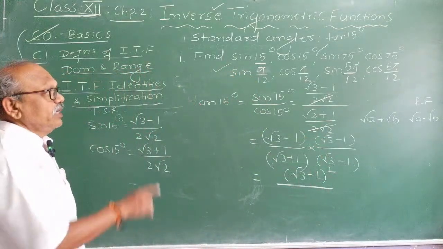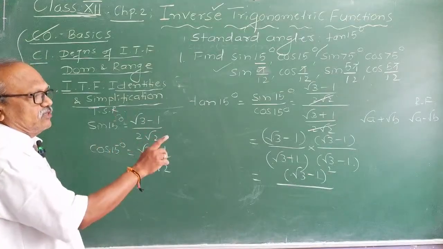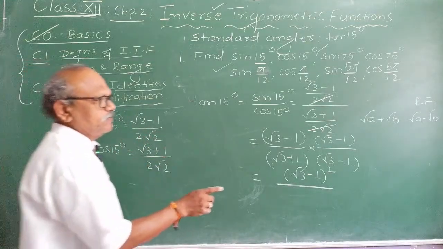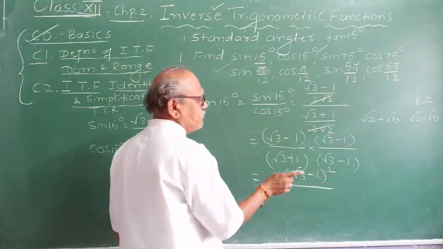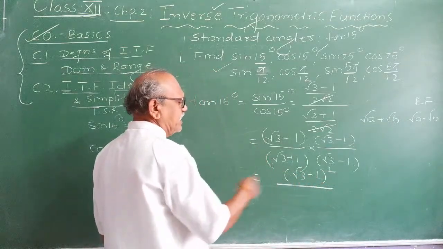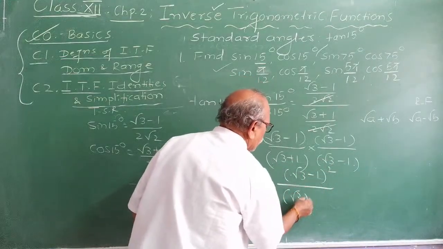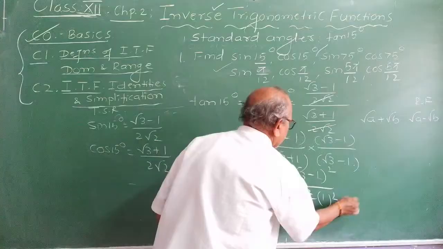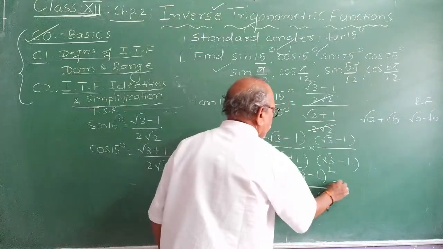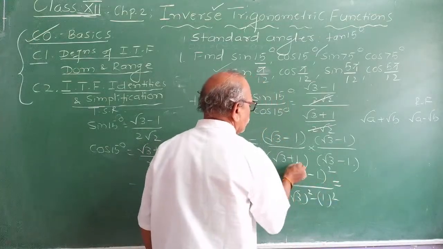Therefore, I told you, trigonometry is complete package of your algebra, arithmetic, geometry of the school, 8th, 9th, 10th. A plus B, A minus B, A square minus B square, root 3 square minus 1 square. Now apply the formula. What is A minus B whole square?